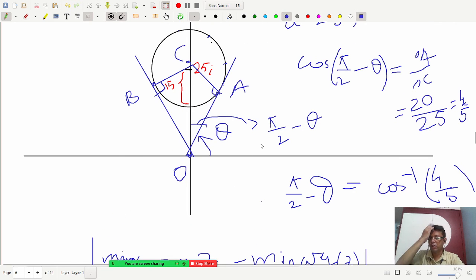So that is the concept. This will give you the concept of argument as well as the minimum value and maximum value.